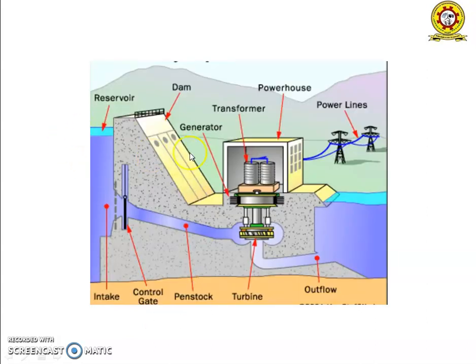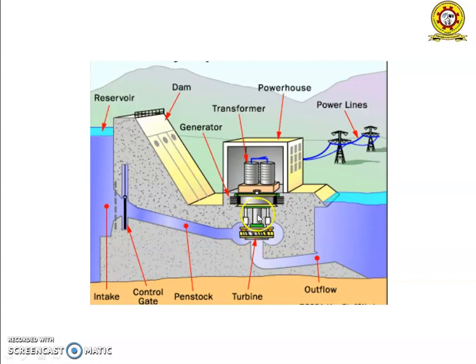This is the block diagram. This is the reservoir. It is the intake of the valve. And this is the control valve. When the control valve opens, the water from the reservoir enters through the penstock. From the penstock, the water enters into the turbine.